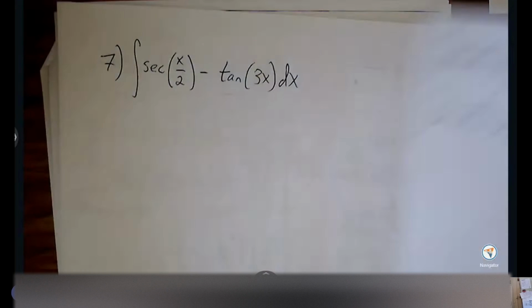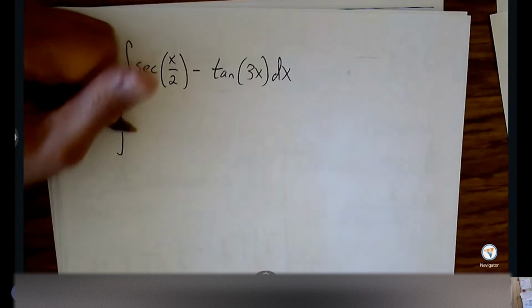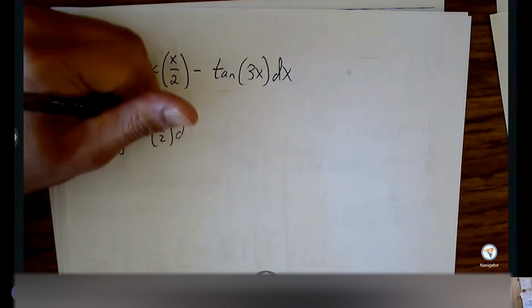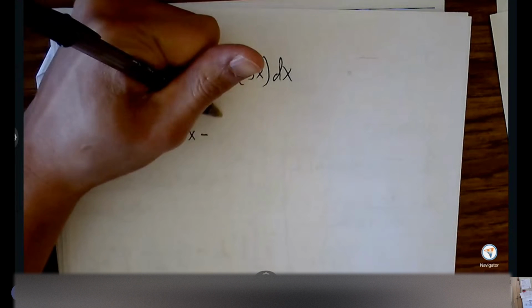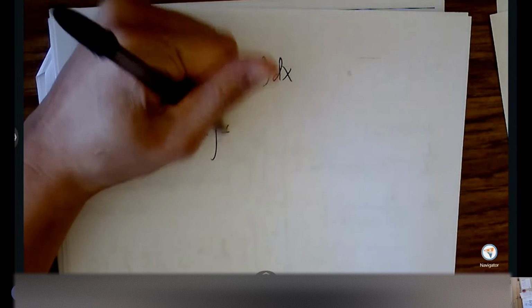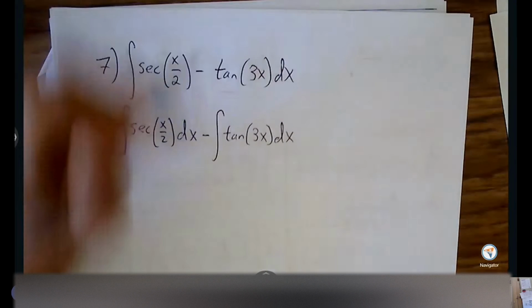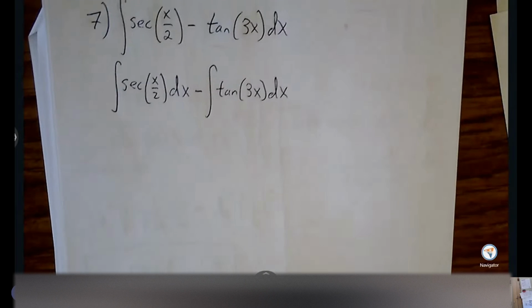So if you want, you can literally make these two separate integral problems, each with their own rule, each with their own u value, and go from there. Okay.